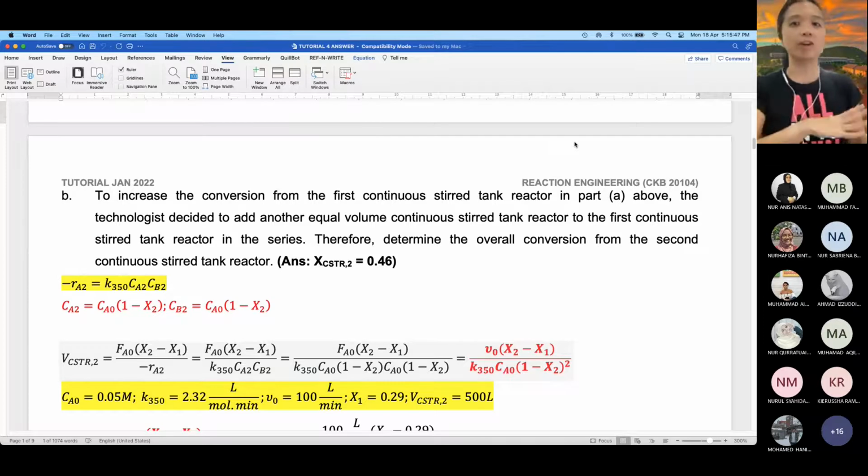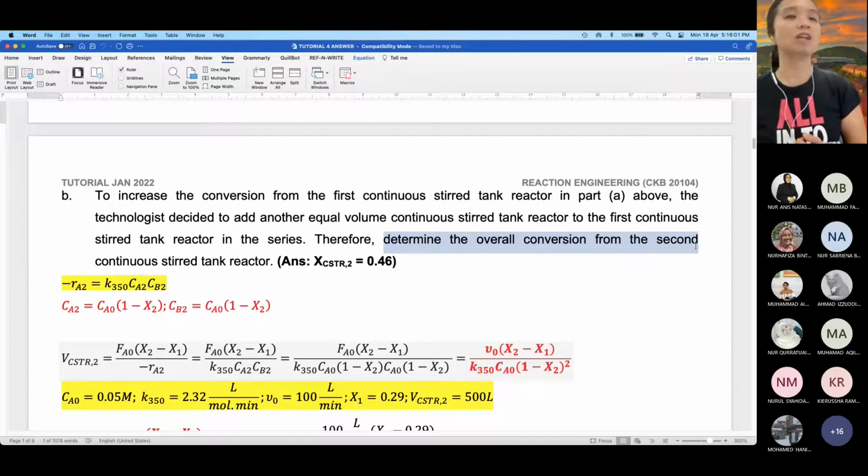So means 500 liter CSTR connected to the second 500 liter CSTR with the hope we can increase the conversion from 0.29. Okay, so ditanya, what will be the overall conversion from the second CSTR?